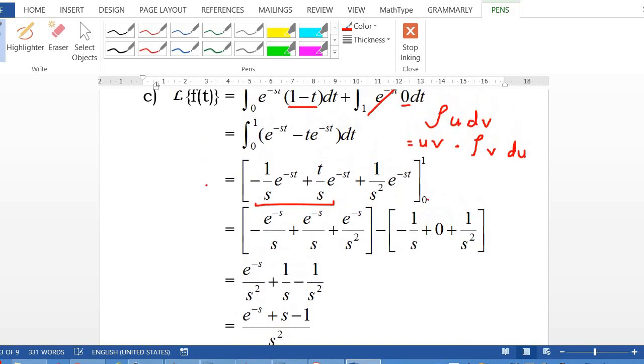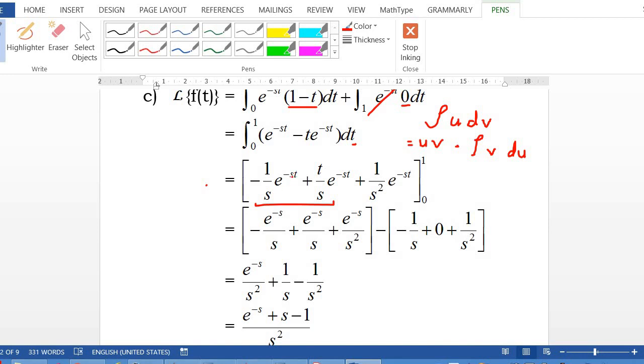Then integrate from 0 to 1. Since we integrate with respect to t, remember to plug the upper limit 1 into the variable t. The first term gives negative 1 over s times e to the negative s, the second gives 1 over s times e to the negative s, and the third gives 1 over s squared times e to the negative s. Then subtract the substitution of the lower limit t equal to 0.